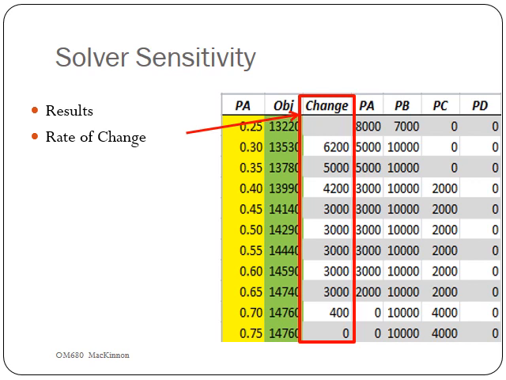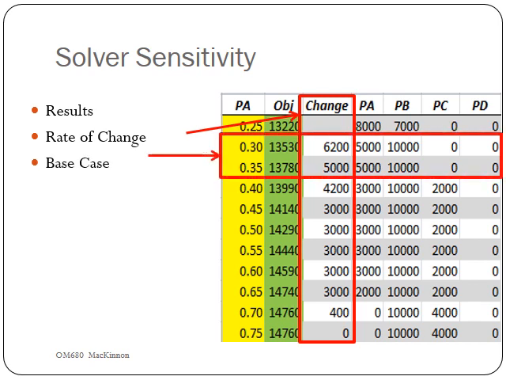The rate of change is simply this value minus the previous one, divided by this value minus the previous one. So it's the change in objective divided by the change in the variable you are varying. This can be advantageous. Once you get to 75 cents, the rate of change drops to zero, so if you go higher than this, there will be no change in the objective at all.